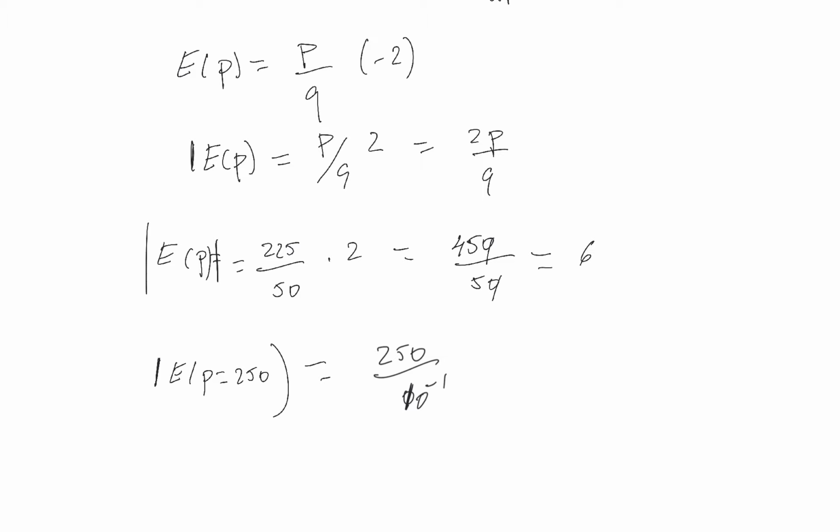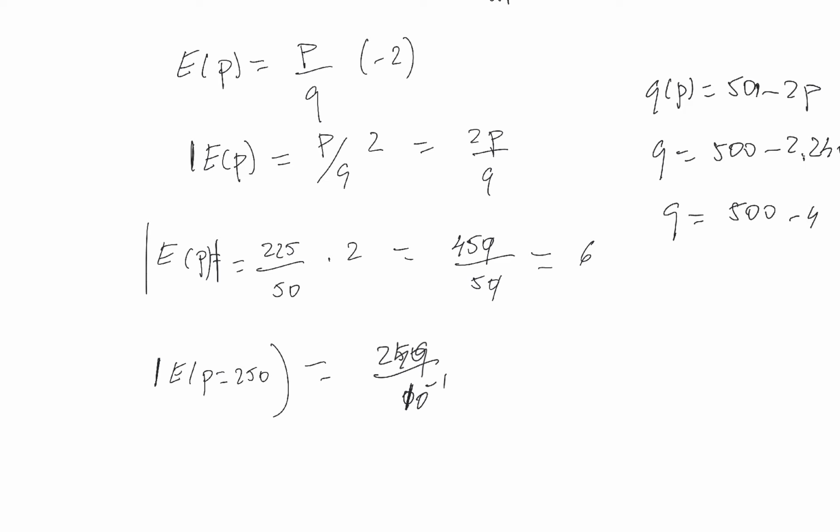What is the value when P is 249? Q of P is 500 minus 2P. If P is 249, Q is 500 minus 2 times 249, which is 498. So Q will be 2. So what will be P divided by Q?